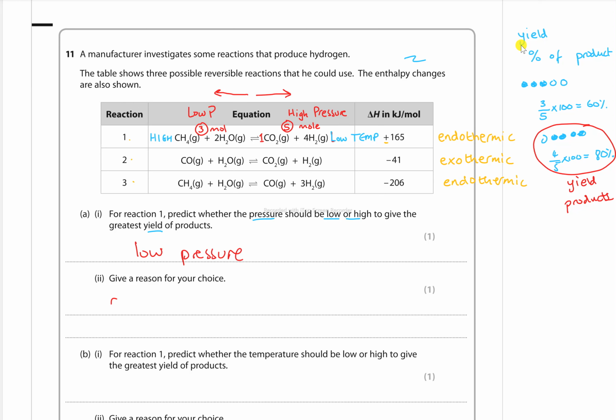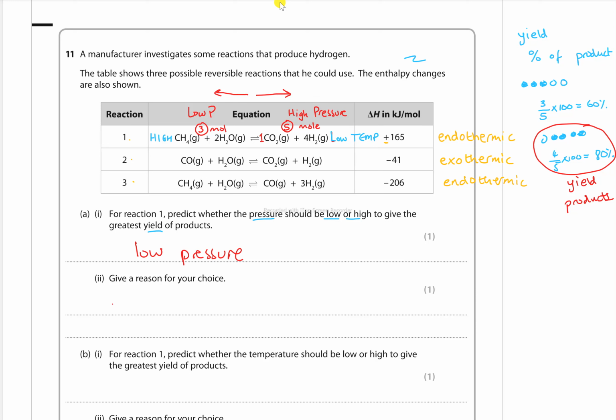Why? Because the forward reaction... Right, it's probably easier wording it this way, just to keep it simple.